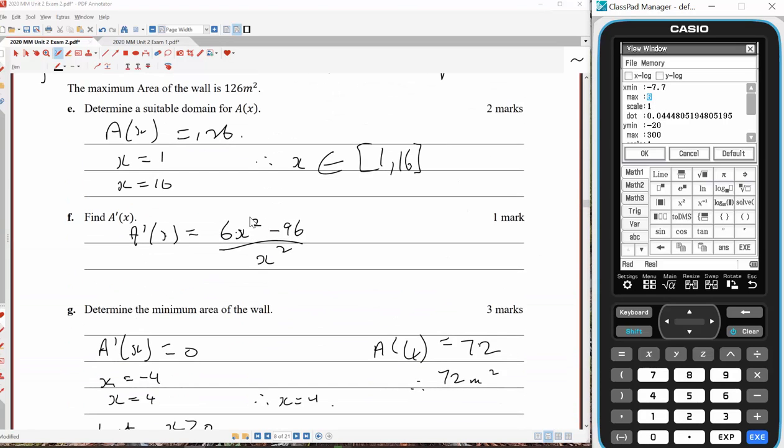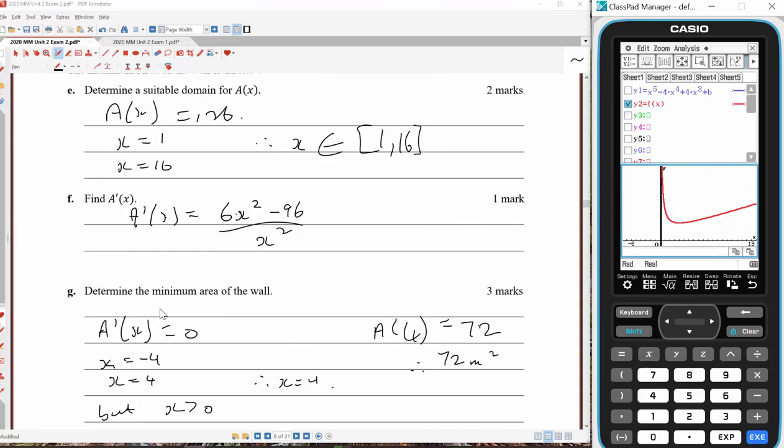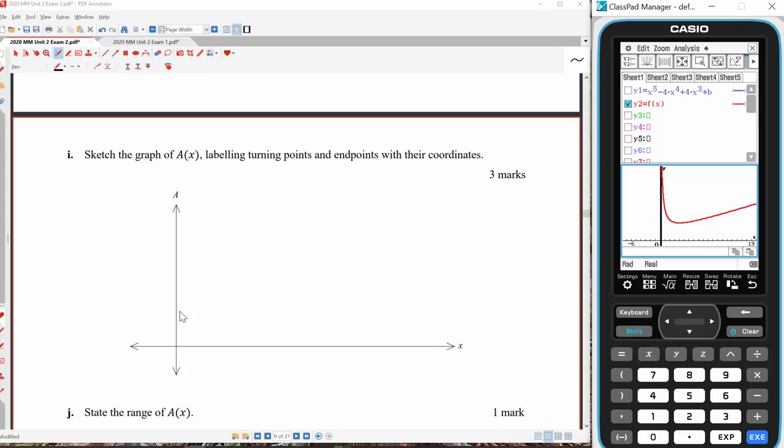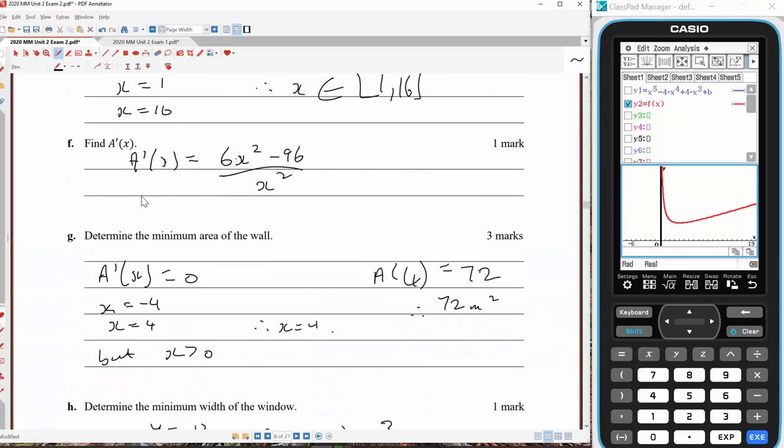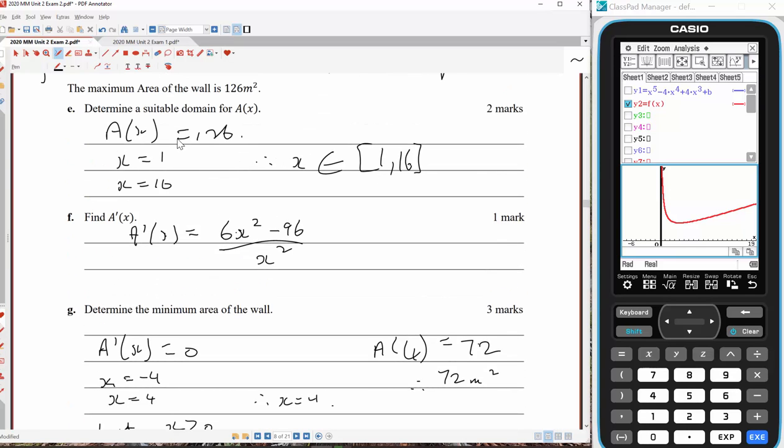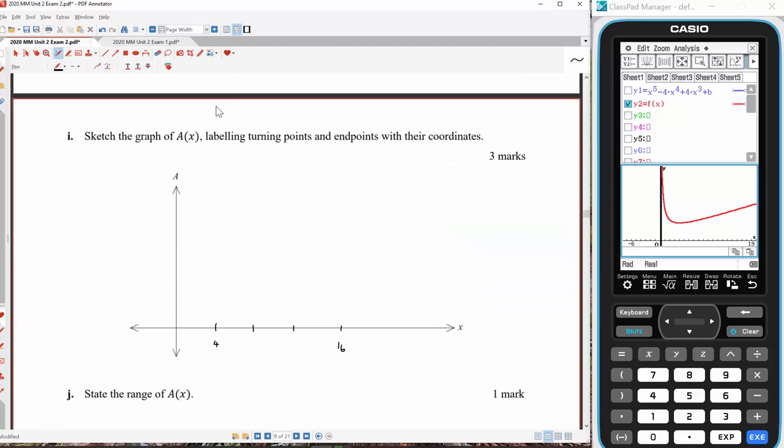What was the point? It was 16. Let's go to 20. This should get us a look. Okay, there it is. So we've got 4, 8, 12, 16. We know that 16 was 126, and 1 was 126.